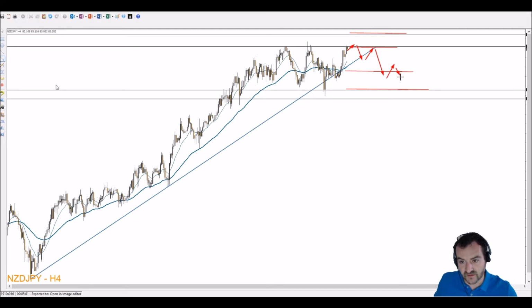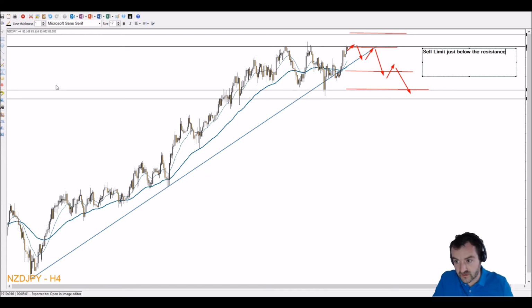So you expect this market to move in such a way, and you don't need so many words anymore. Then I use a simple text box and tell how I'm entering the market. Here I will put a sell limit just below the resistance zone.